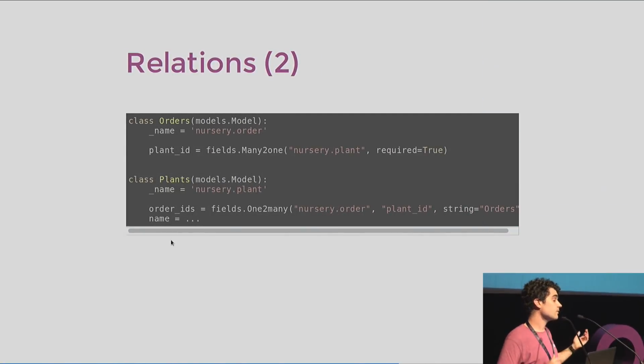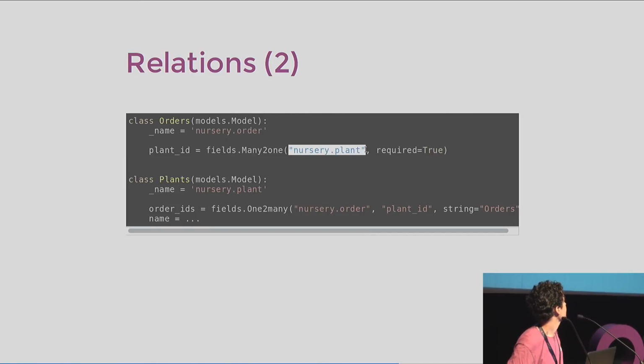Again, defining the relation between models is quite easy. You just create some new fields. Here, in my example, on my model nursery order, I add a field of type many-to-one, and then I specify the target model. Here, I create a relation from the order to the plant.